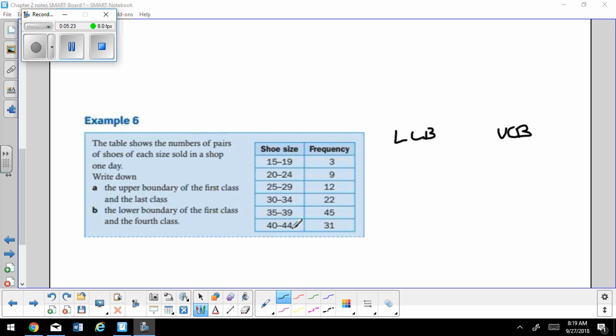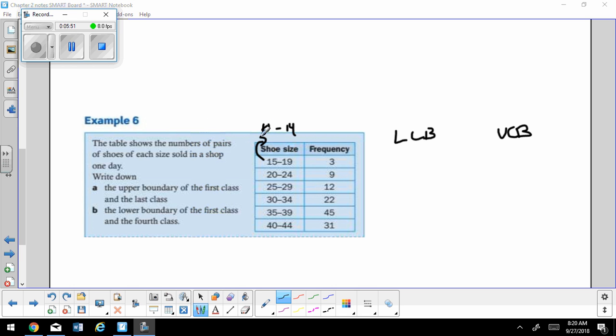Because of that, my lower class boundary is not 15. I'm actually going to need to say, if there was a class before, we know based on this pattern, 20 to 24, 25 to 29, that my last group probably stopped at 14 and began at 10. My bad.